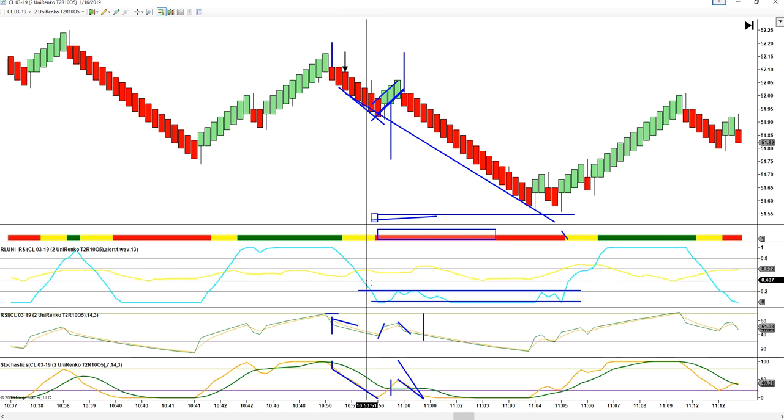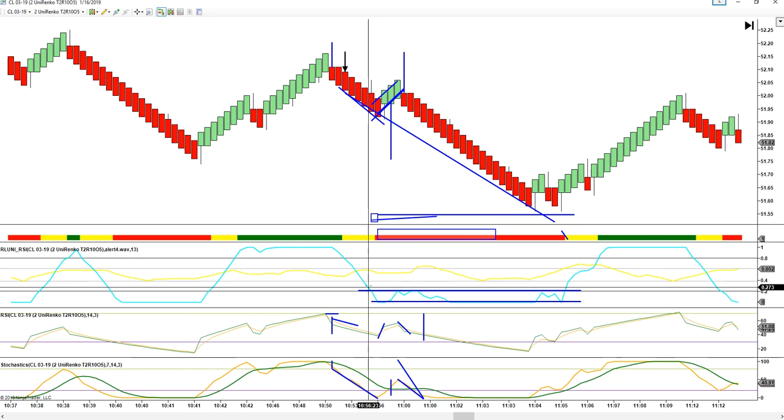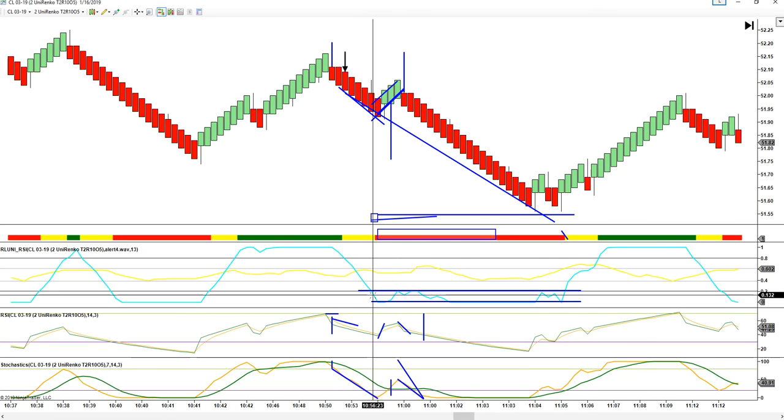Now, we've removed the signal line from the Laguerre too. It's really unimportant. It's a very, very different formula, although it's based on the same principles as all the other oscillators are. It's a far more complex formula, and it doesn't require a signal line.